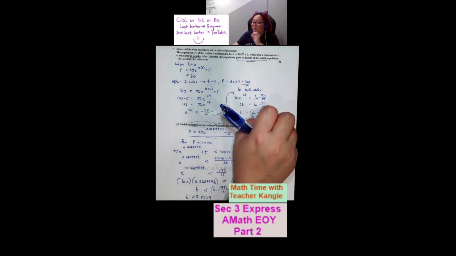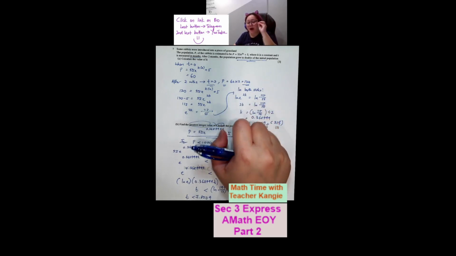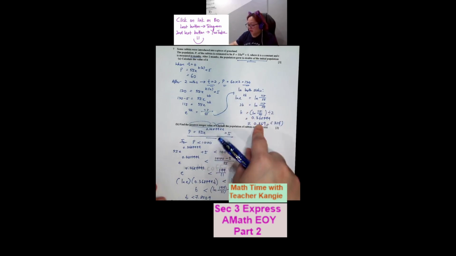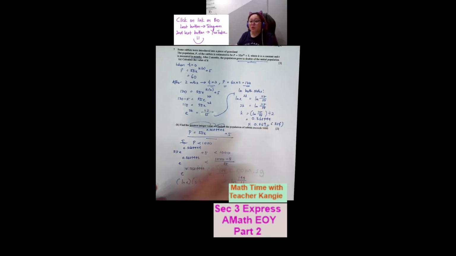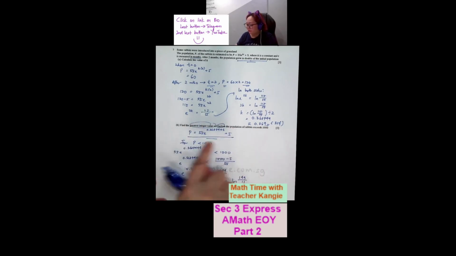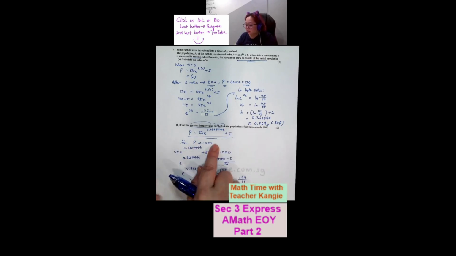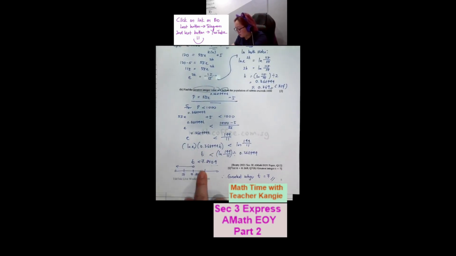The reason to ln both sides is that I want to make use of the power law to bring down my 2k. So 2k multiplied by 1 is actually 2k, and you solve your k. Once you solve your k, you have the full formula for the population of rabbits. And then they say they don't want it to exceed 1000, so it means P less than 1000. You just solve as per normal.